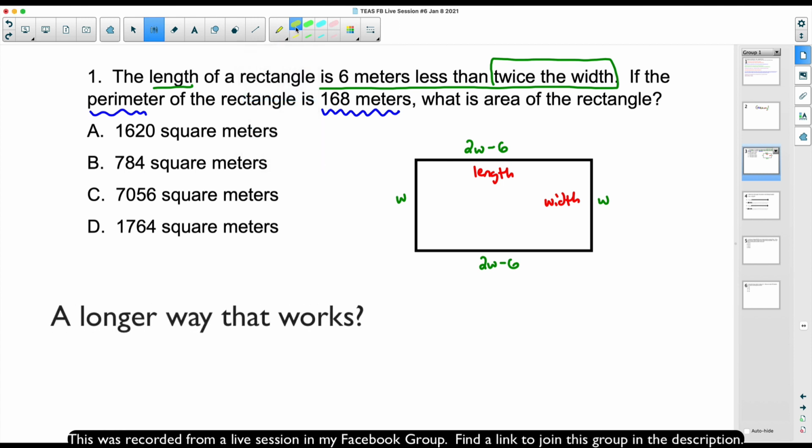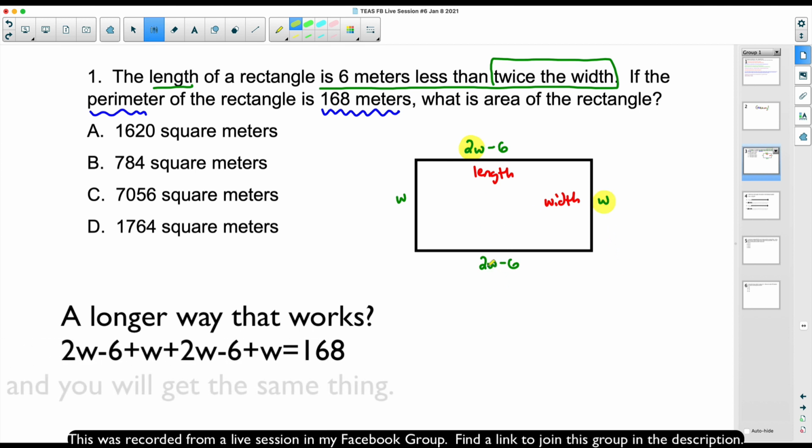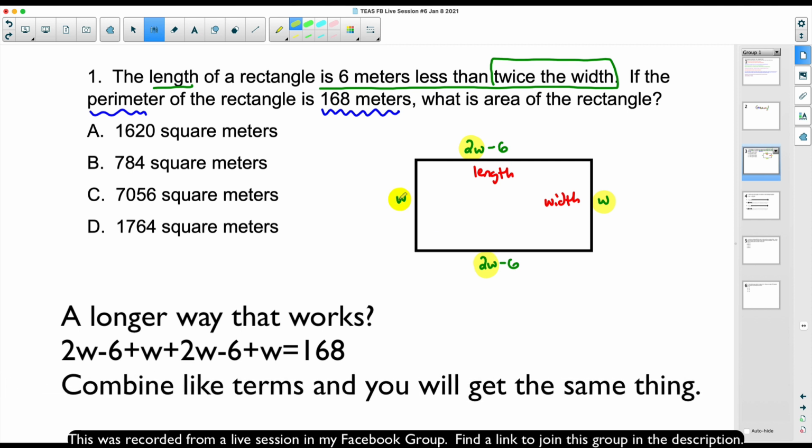When we're finding this perimeter, I'm just going to combine like terms. 2W plus W is 3W, plus 2 more W's is 5W, plus 1 more W. When we combine all of those W's together, we get 6 W's. Combining like terms. So again, it was 2, 3, 4, 5, and then 6.